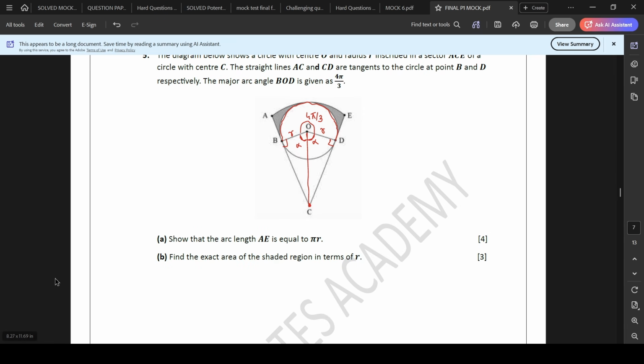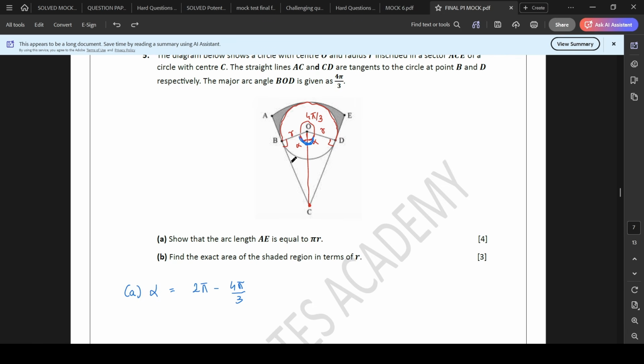I'll start with my first part and say that alpha, that is, I've labeled it on my diagram, will be, from the 2 pi, I am subtracting 4 pi by 3. And this is going to give me 2 alpha. From the complete circle, from the complete 2 pi, I'm getting rid of 4 pi by 3.